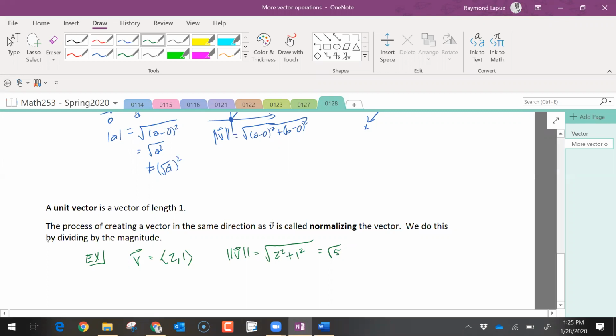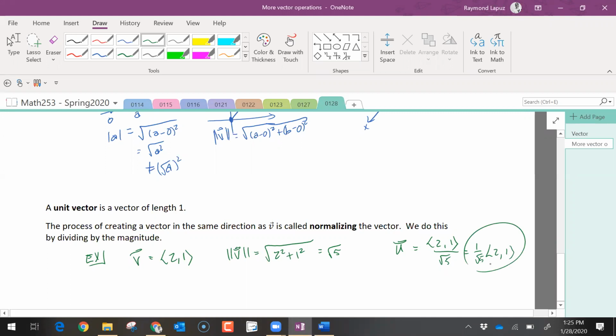So a unit vector would be, well, we can write this in a couple of different ways, and I'll circle my preference. My preference would be the second one.